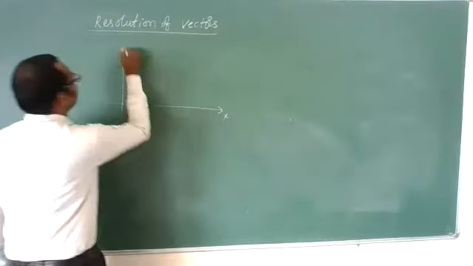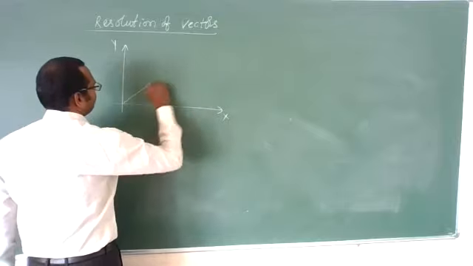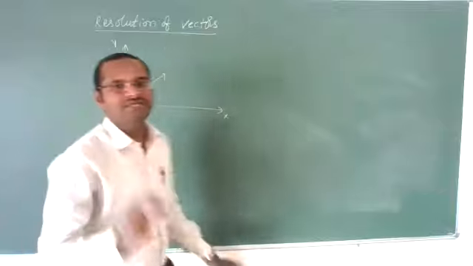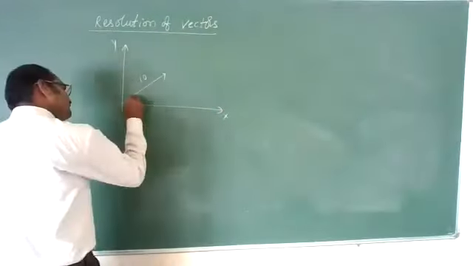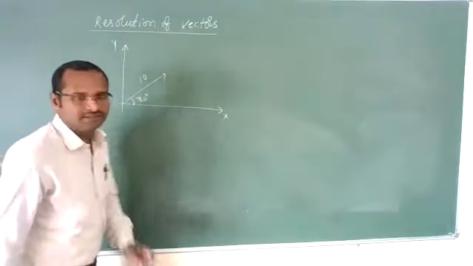I am giving a vector of magnitude 10, and it is making 30 degrees with the x axis.